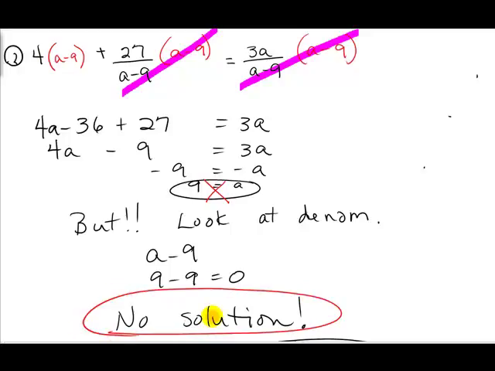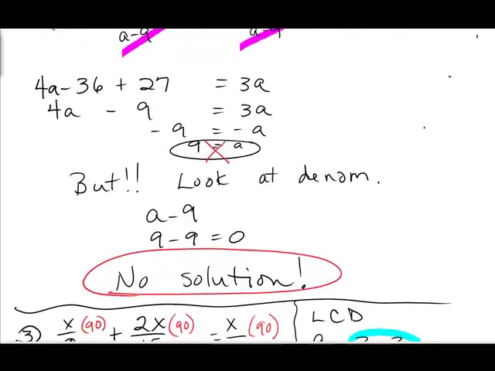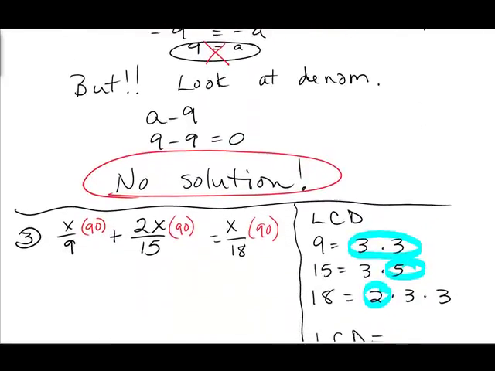This is my answer. Okay? On the test, you probably won't have too many of these, maybe 1 or 2. In your homework, you will need to be careful. So when you get that button that says it's wrong, then look at the denominator.